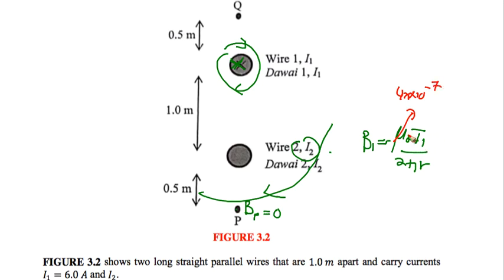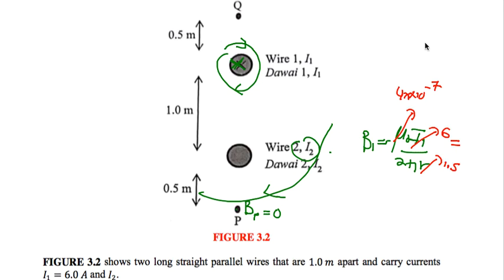And I1 is equal to 6 ampere, and the distance from the wire to the point P is 0.5 plus 1, which is 1.5 meter.